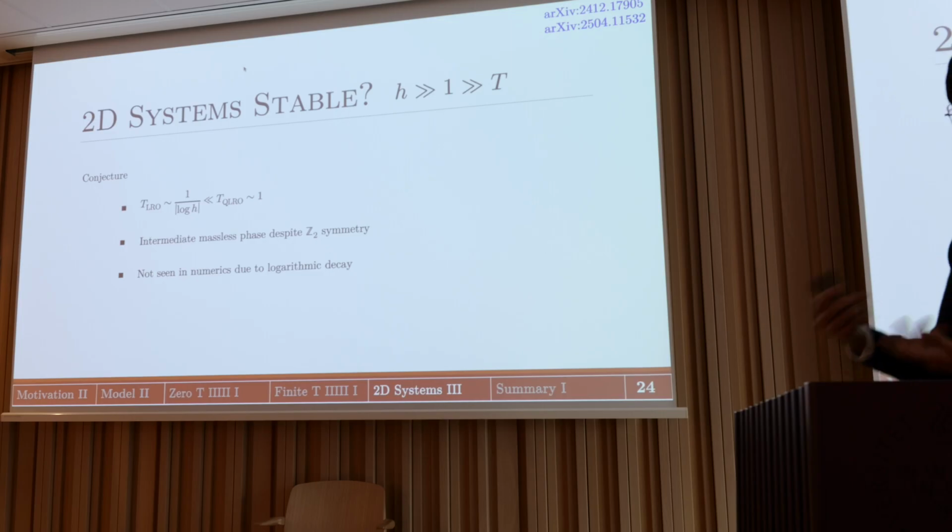Then why do I not see this in numerics? Well, it's probably because of the logarithmic decay. It's really slow, so you're not going to see it in numerics. And maybe it's not even relevant for experiments. But from an academic standpoint, I now think that the long-range order occurs at the 1 over log h scale.